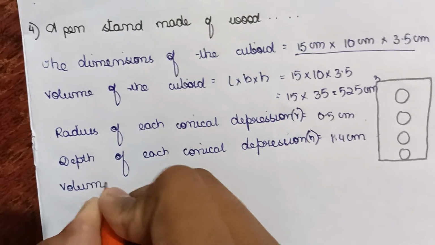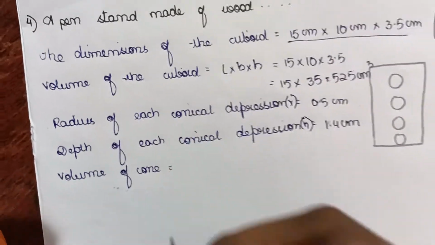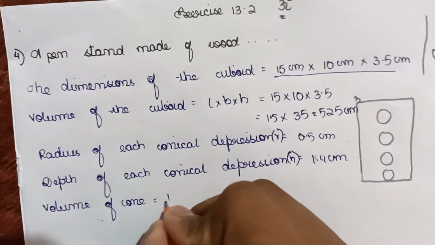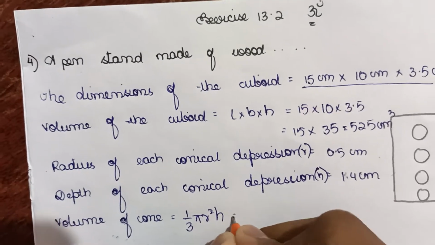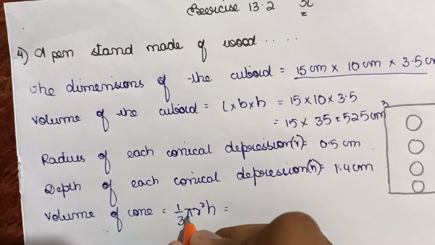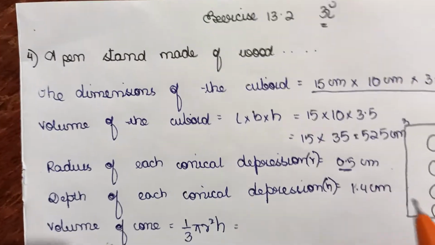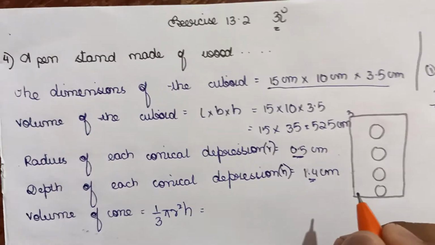Volume of cone is equal to, do you guys know the formula? It's 1 by 3 pi r square h. Pi represents 22 by 7 or 3.14, and the radius is given here as 0.5 centimeters, and the height, that is the depth of the conical depression, is 1.4 centimeters.